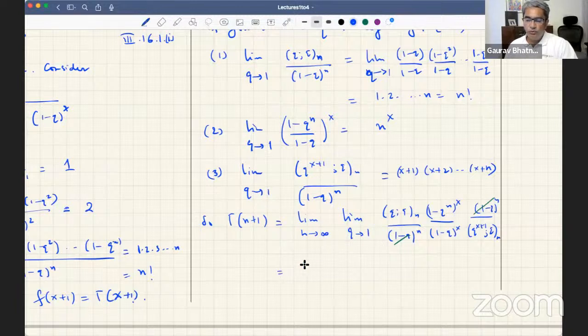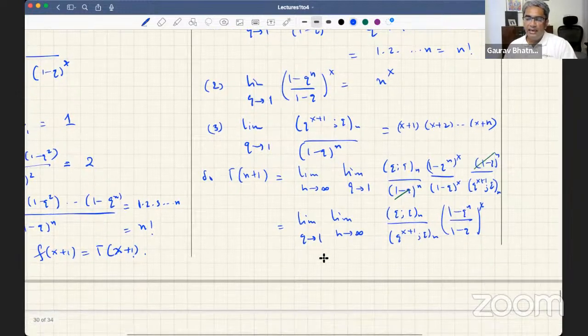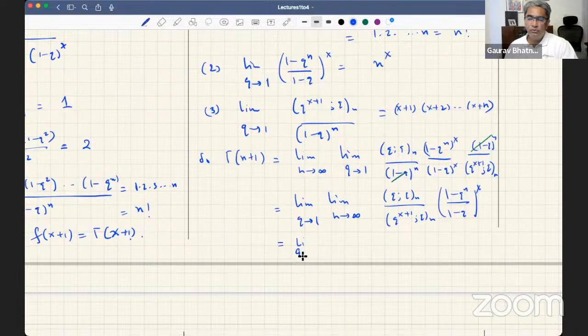And let's assume we can interchange the limits. And we get what we want, almost. (q;q)_n, 1 minus q raised to n over 1 minus q raised to x. And now if you take the limit as n goes to infinity, you will get what you want. (q;q) infinity over (q raised to x plus 1; q) infinity. And this term drops out. So you will get 1 minus q raised to x.